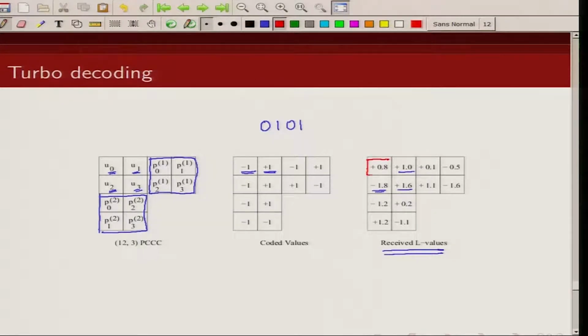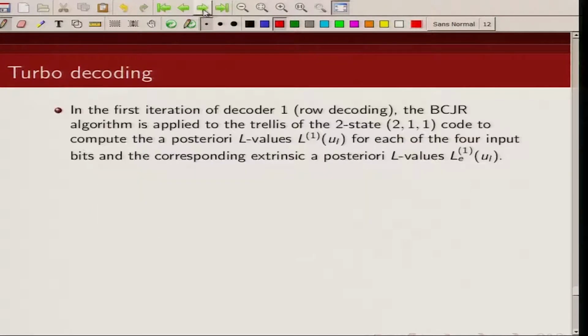Note here, this was transmitted as -1, but what I received is +0.8. So, this bit is received in error. Now, let us see how, using this turbo decoding, we are able to correct this error.